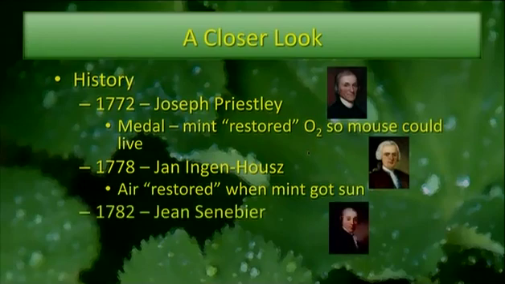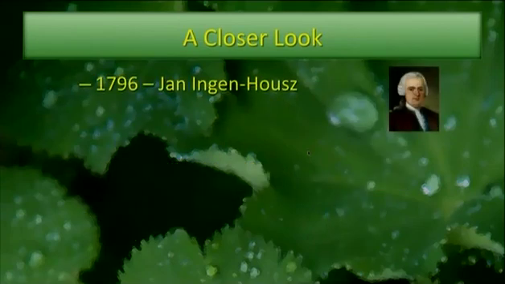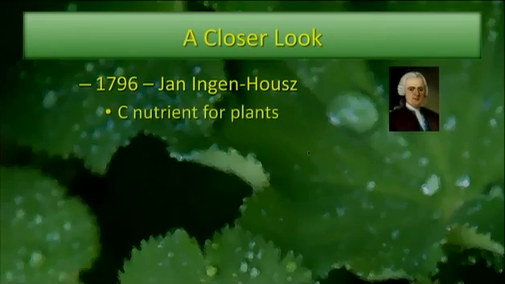Four years later, Jean Senebier showed that plants needed carbon dioxide. Four years later, in 1796, Jan Ingenhousz, once again, discovered that carbon is a nutrient for plants, that plants need carbon, and got it from carbon dioxide.